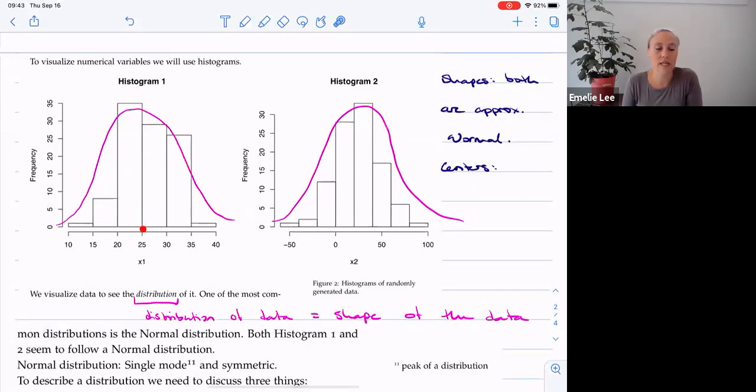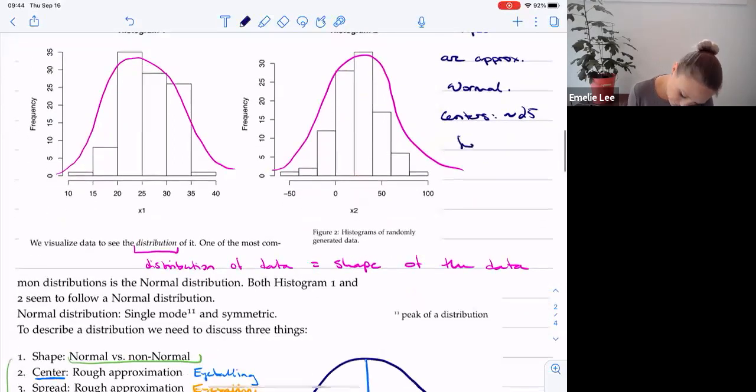Are we measuring things that are tiny, tiny, tiny, so maybe 0.0001, or are we measuring huge things, 2000? So just rough approximations. So here, roughly 25. And same thing here, if I break down the scale down here, it looks like the height of my data, where most data are located, is roughly around 25. So roughly 25 for both.